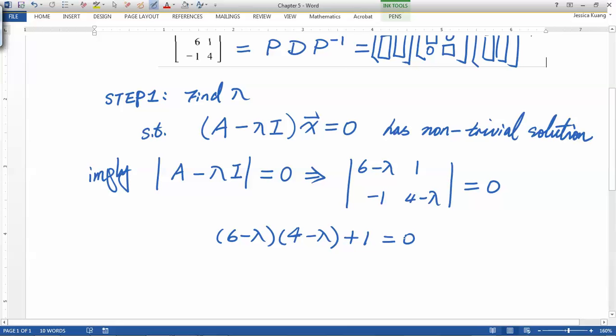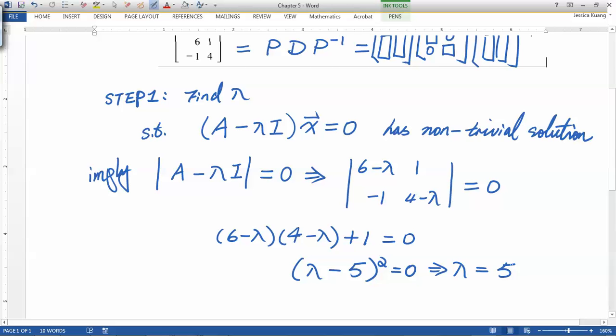A little bit of calculation. So for this, combine the like terms and factor, we will have (lambda minus 5) squared equals 0, which implies my eigenvalue equals 5.